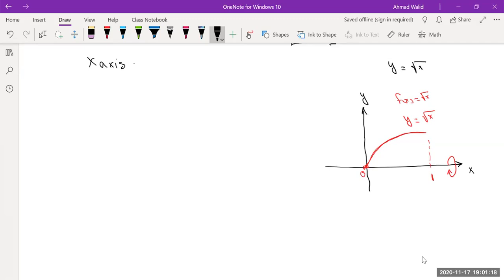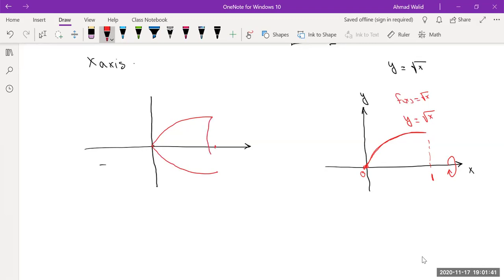Let's graph another one, the rotation. I should be perpendicular, but I'm not perpendicular, right?